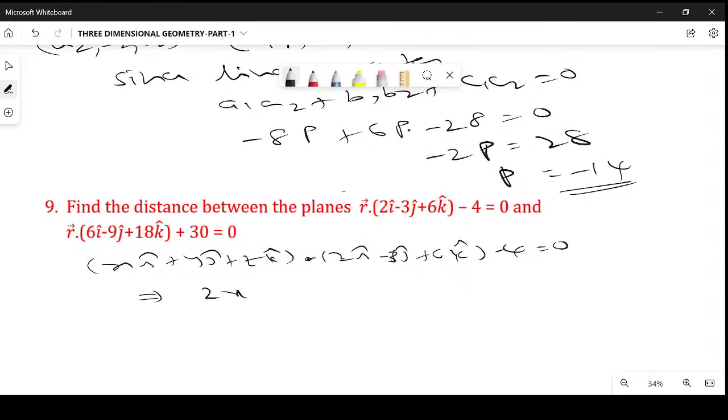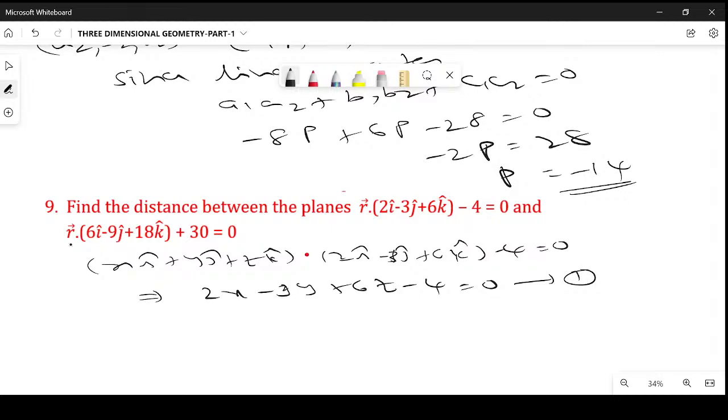Apply the dot product. So what is the result? If I apply the dot product, it comes 2x minus 3y plus 6z minus 4 equal to 0. So this is one of the equations of the plane.